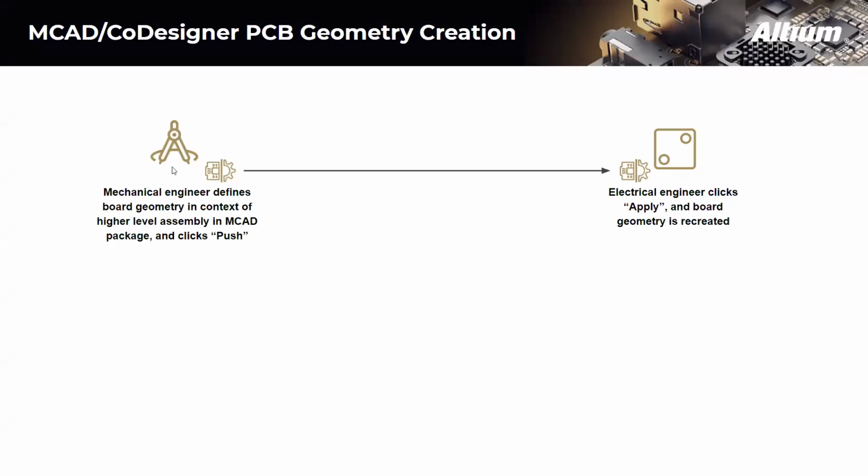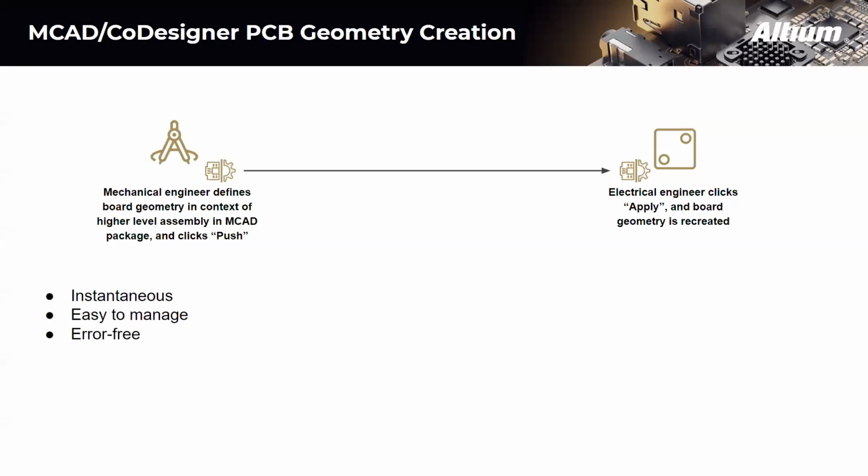But the difference is, once that design is done, instead of having to export that information to a file and then do something with that file, all they need to do is click the push button in the CoDesigner panel in their MCAD package, and that will be received by their electrical colleague in Altium, and they just click apply, and the board geometry is recreated within Altium.